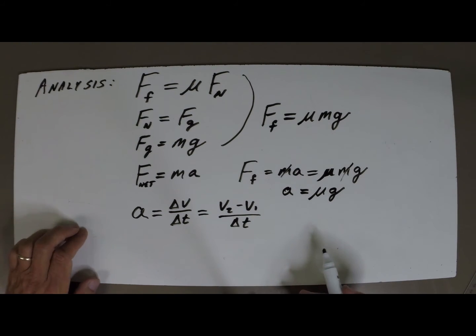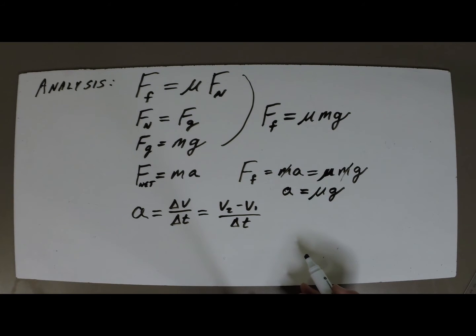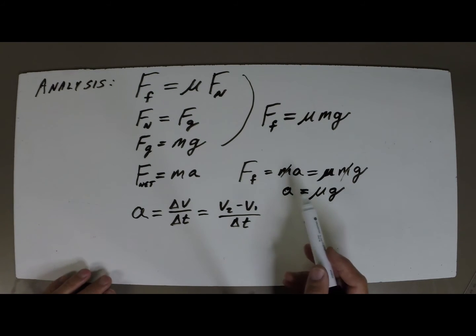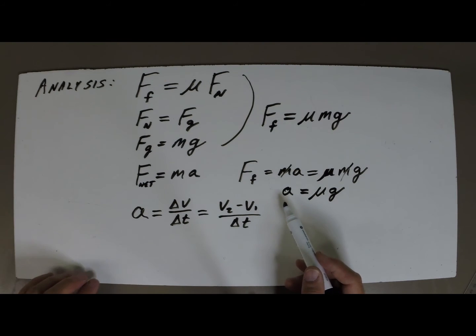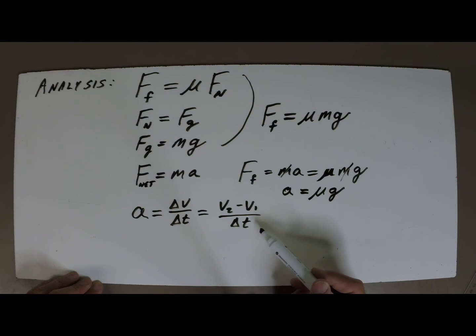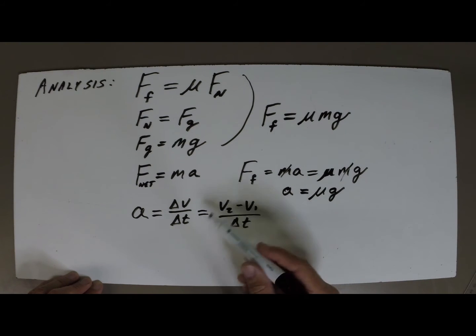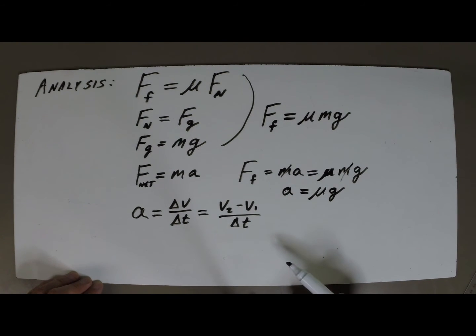Now one little problem here is that the force of friction is opposing the motion, so it's going to cause a deceleration, and so we are expecting both the force and the acceleration to be negative numbers. So this will be a negative value here, and we expect this to be a negative value as well.